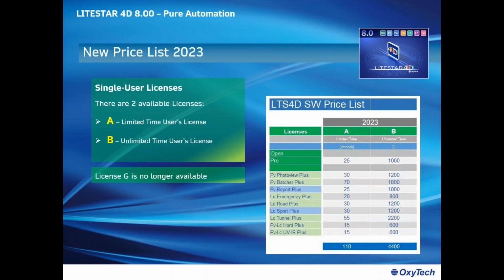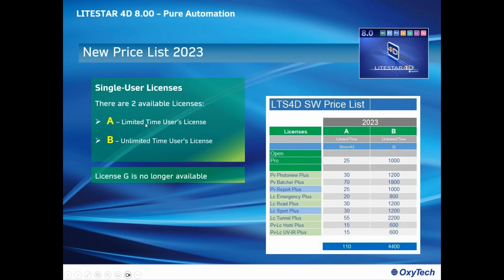Then we applied a revolution to the way we manage the user licenses. Before, three licenses were available, the A, B, and G. Now the G was retired and is no longer available. Now we only have the A license and the B license.